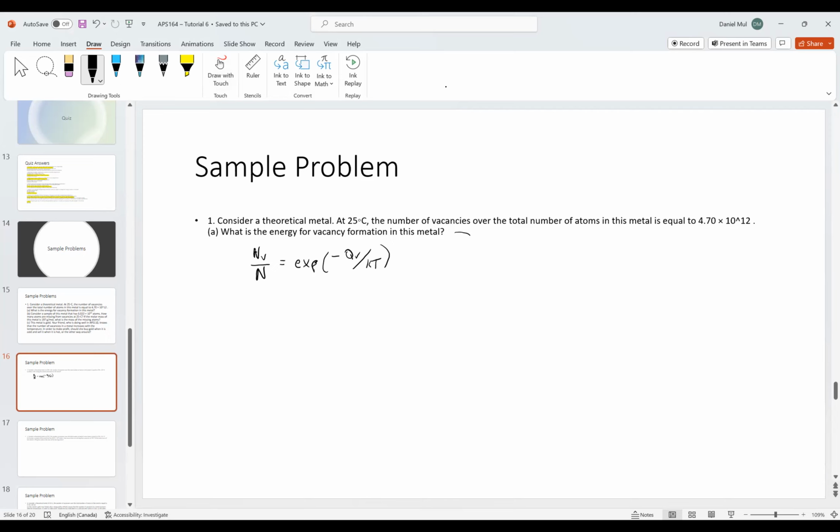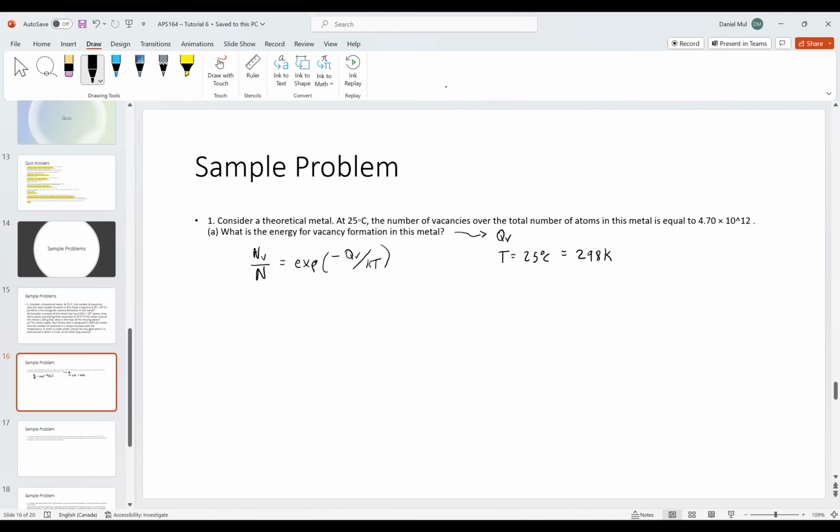That is QV. That's what we're looking for. And we're given a temperature of 25C, and that's just equal to 298 Kelvin.